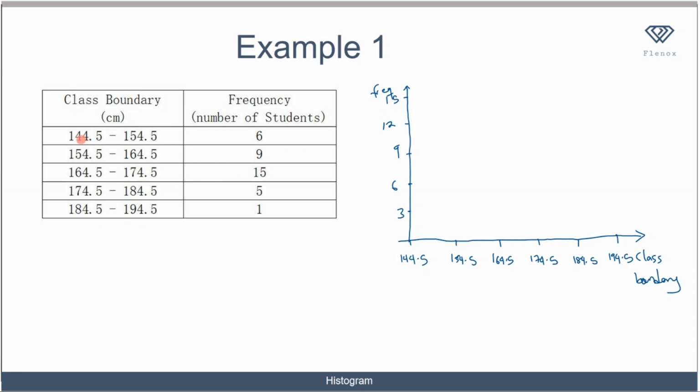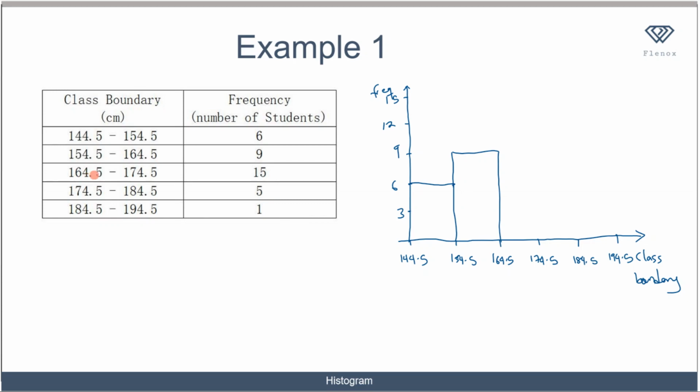So for my range from 144.5 to 154.5, there are 6 students that fall within that range. So I just have something that comes like this. Now from 154.5 to 164.5, I have 9 students. So I come to where there is 9 over here, trace it like this. So this represents the other class interval.